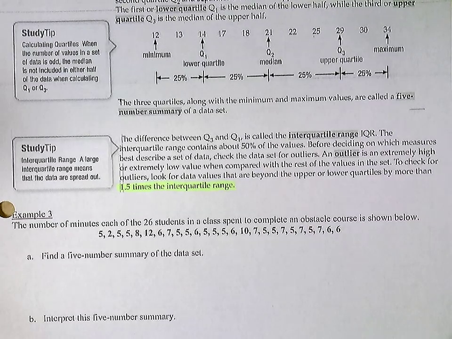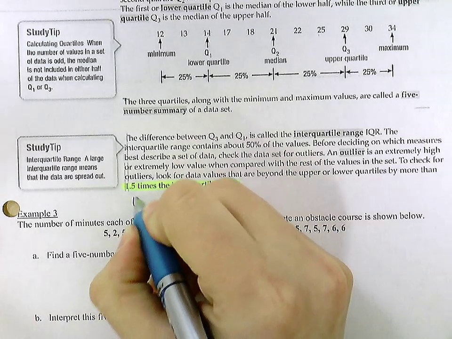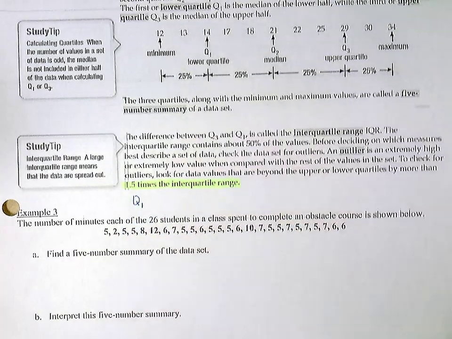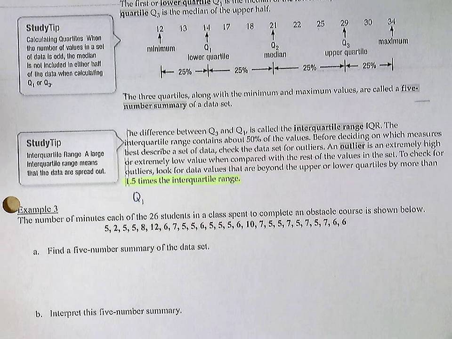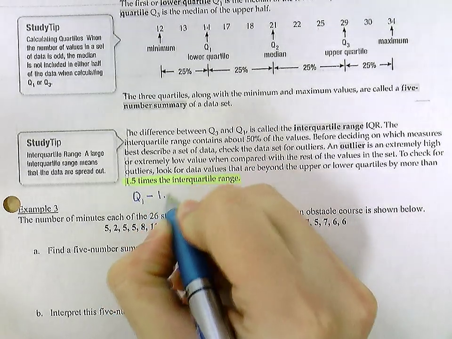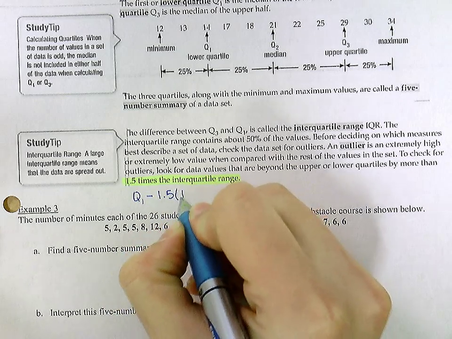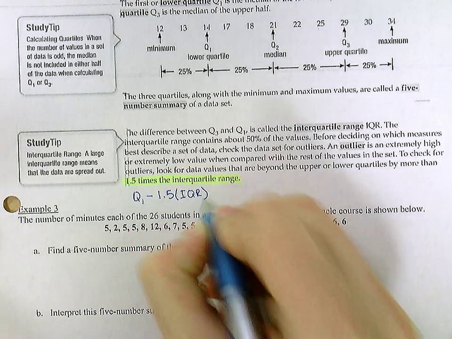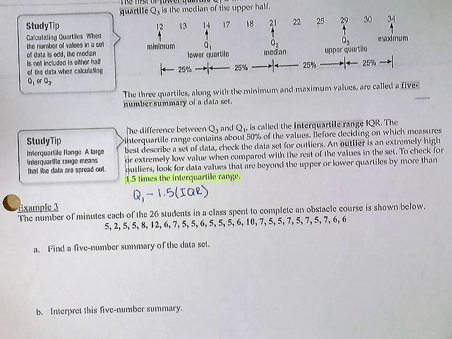Okay, so to find your outliers, you're going to take your lower quartile, Q1, and subtract 1.5 times the interquartile range. If you have values lower than that number, it will be an outlier.